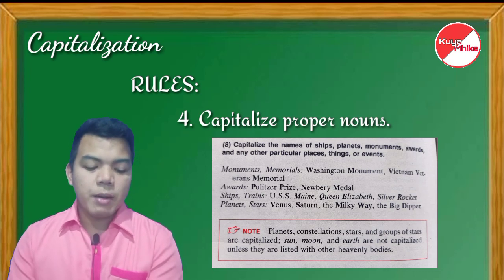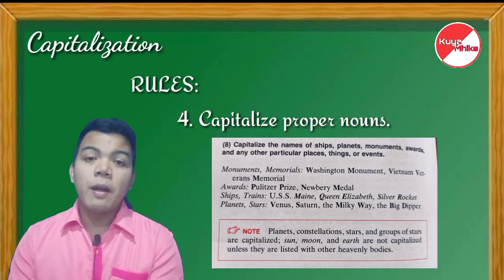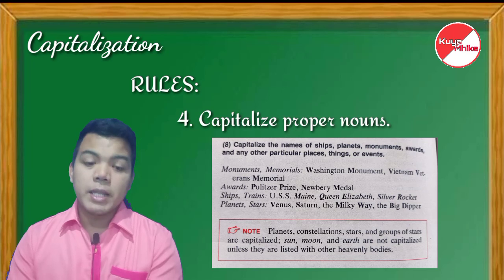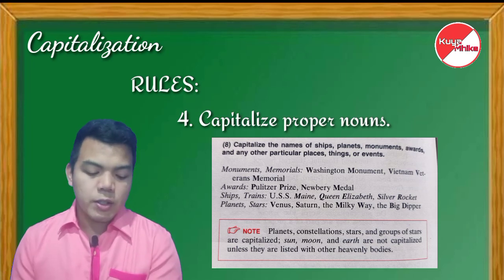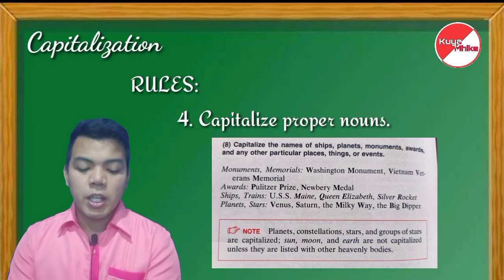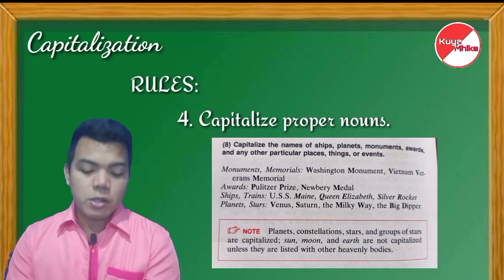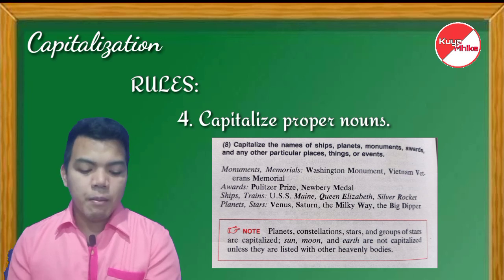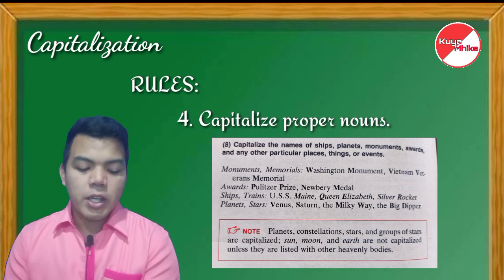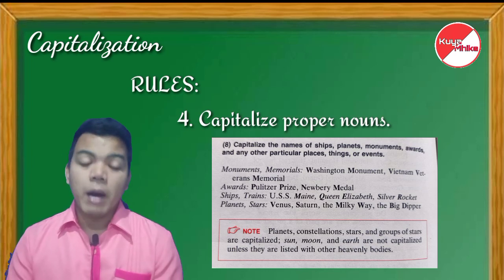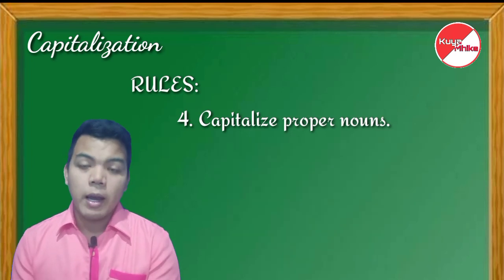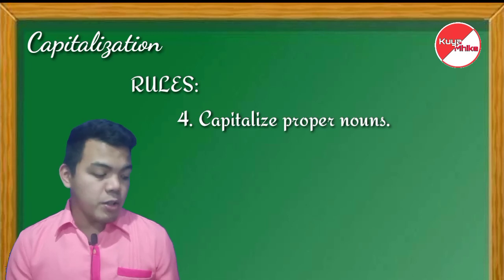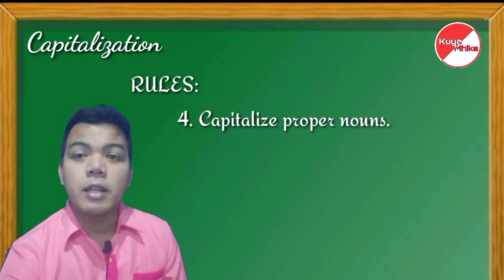Sa planets and stars naman, we have Venus, Saturn, the Milky Way, the Big Dipper. Okay, note lang dito, lastly: planets, constellations, stars, and groups of stars are capitalized, but Sun, Moon, and Earth are not capitalized unless they are listed with other heavenly bodies. Okay, so yun yung mga notes and reminders dito sa topic natin ngayon.